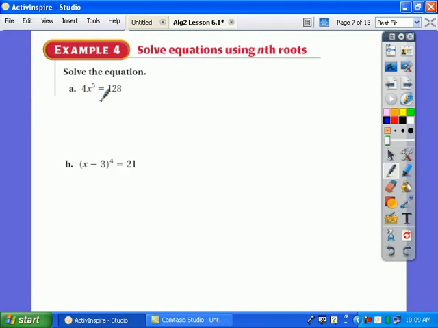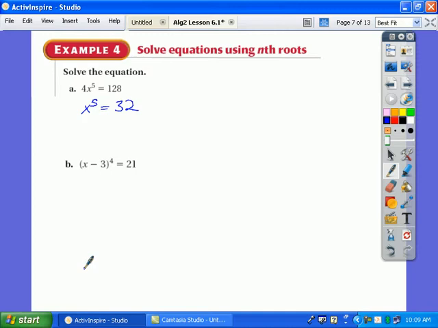So if this said x squared, we'd certainly want to be talking about square roots. Okay. Go ahead. All right, so let's get rid of the 4. Okay. So x to the 5th equals 32. X to the 5th equals 32.